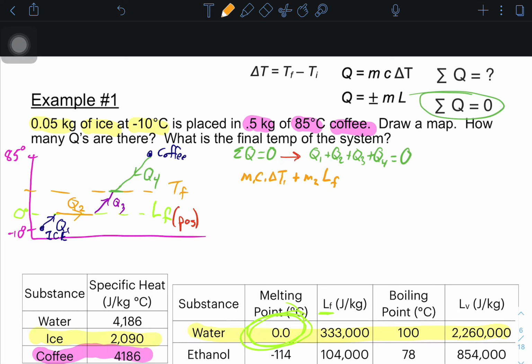Then Q3 is a temperature change, so it's M3 C3 delta T3, plus my Q4, which is M4 C4 delta T4, and that's all equal to 0. Again, M4 just means the mass of the object for Q4, C4 is the specific heat at Q4, and delta T4 is the change in temperature at Q4. That's all those numbers represent.